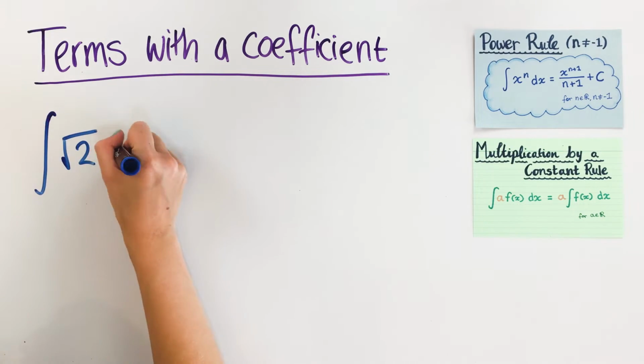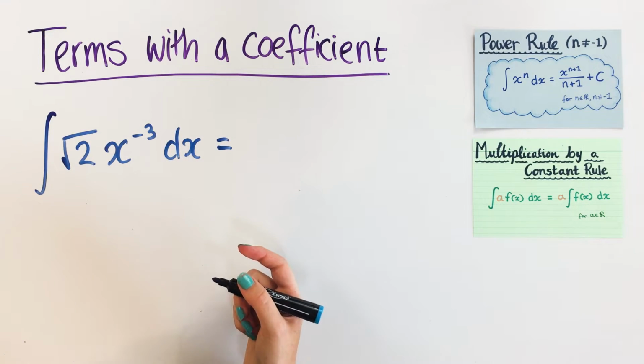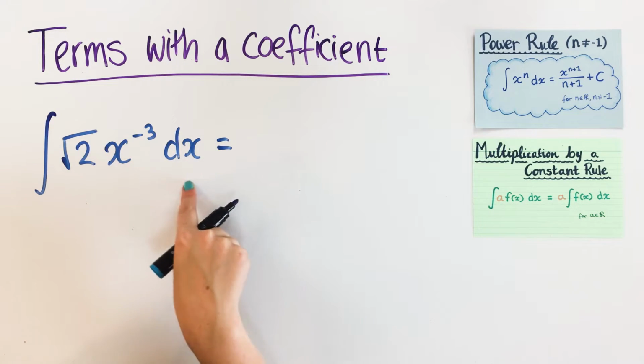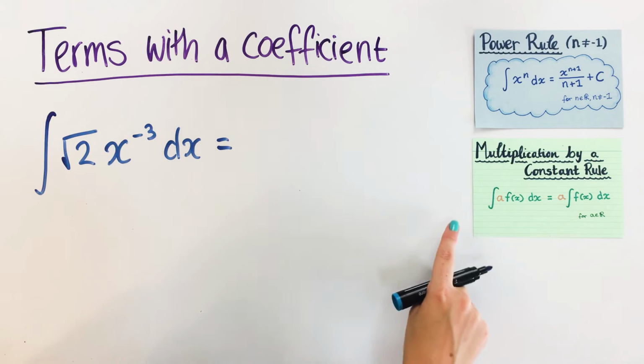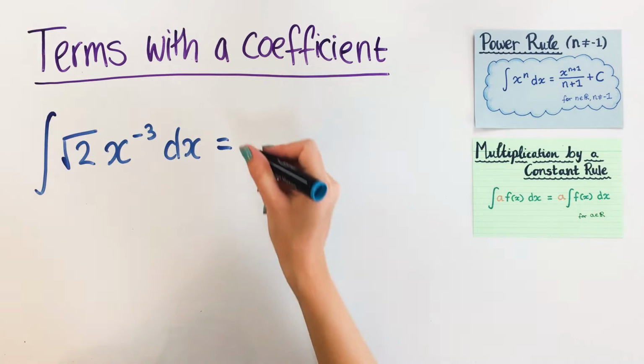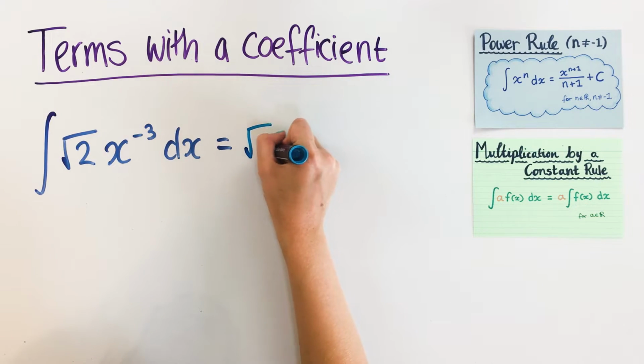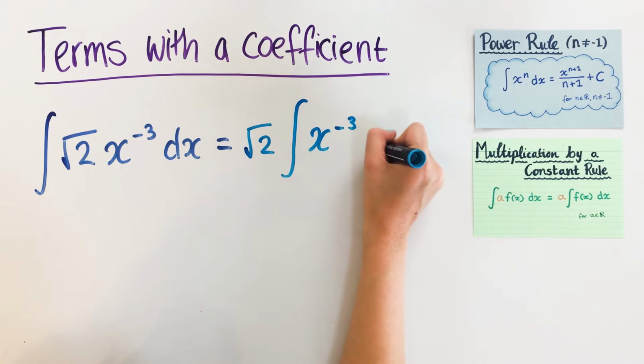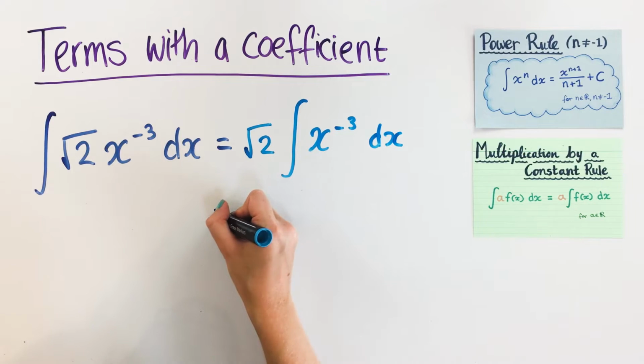Let's try another example. So we have the integral of root 2 x to the negative 3 dx. We can use our multiplication by constant rule to say that this is the same as root 2 times the integral of x to the negative 3 dx.